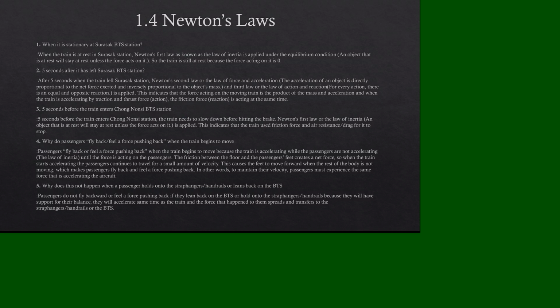The friction between the floor and the passenger's feet creates a net force. So when the train is accelerating, the upper body continues to travel at a small velocity. This causes the train to move forward while the rest of the body is not moving, which makes the passengers fly back and feel a force pushing them back.